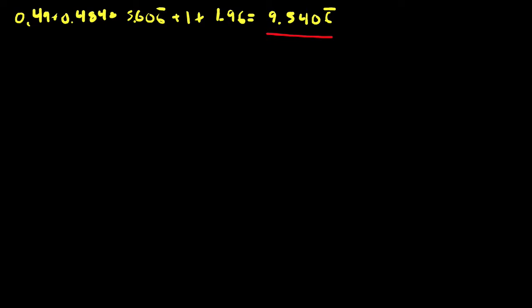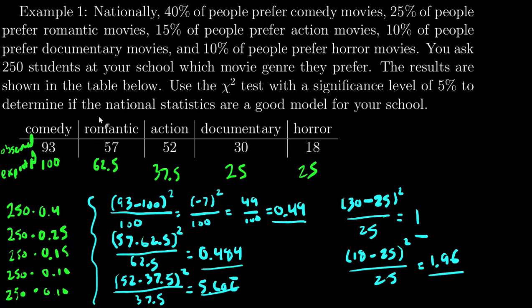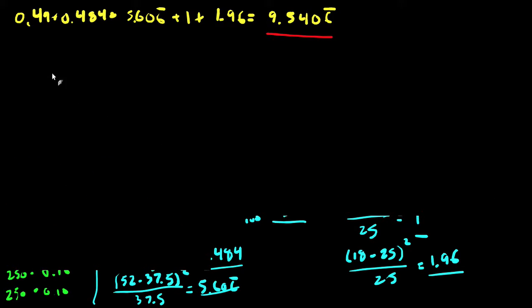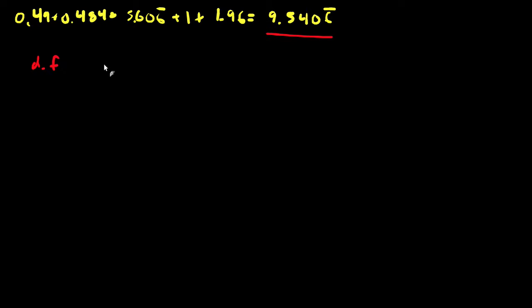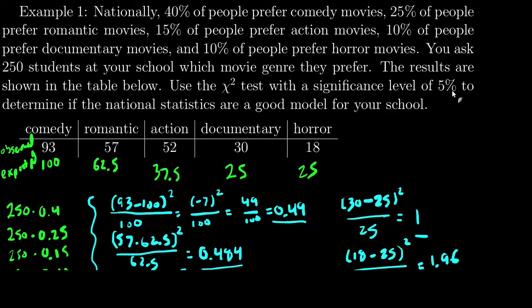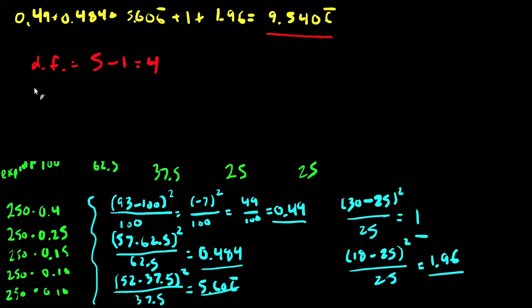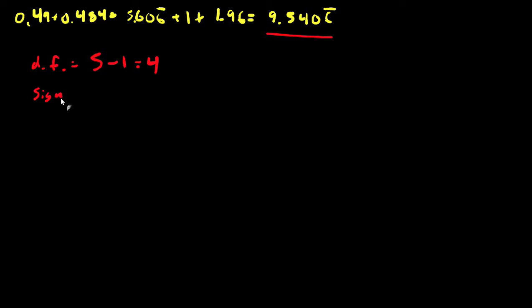I know from my problem that I have 1, 2, 3, 4, 5 possible outcomes, which means my degrees of freedom are going to be 5 minus 1, 4. I want to use a 5% significance level, so the significance I'll use is 0.05.